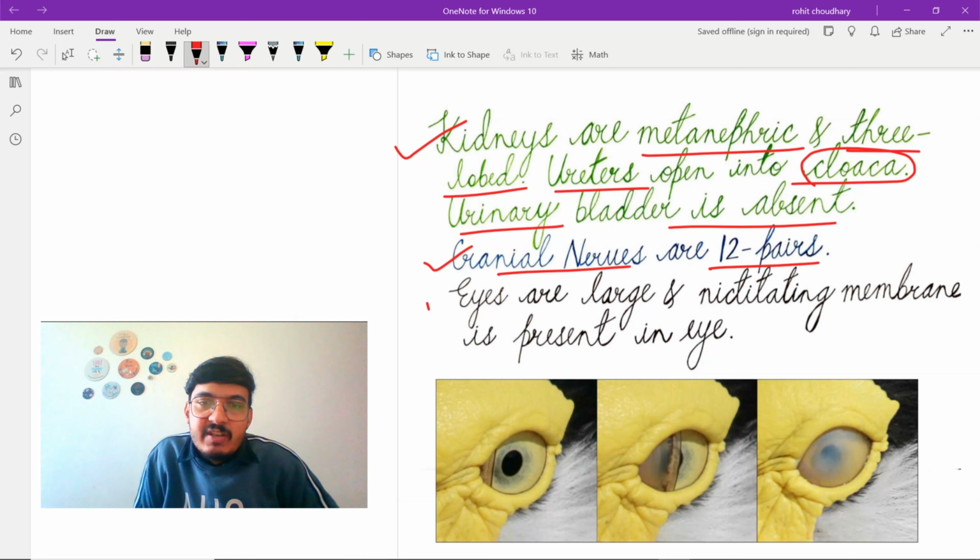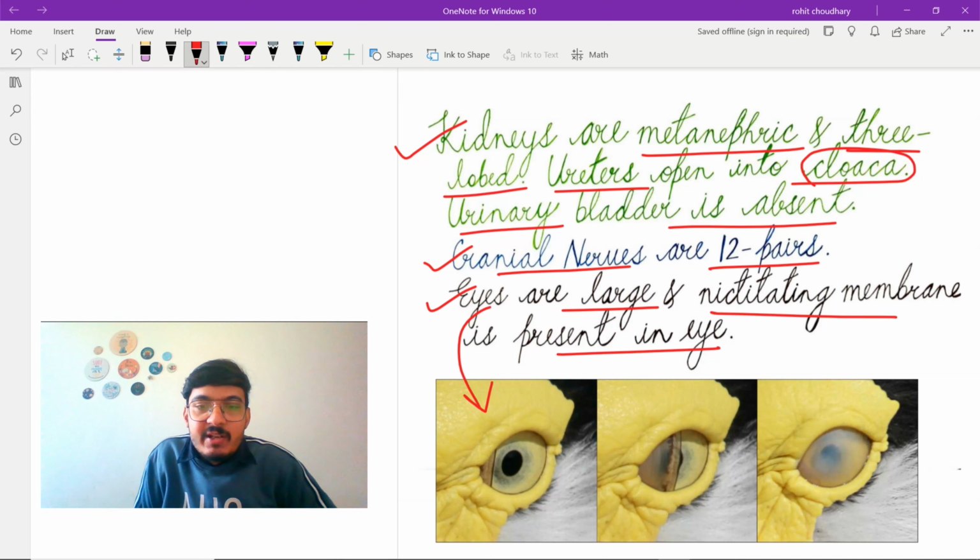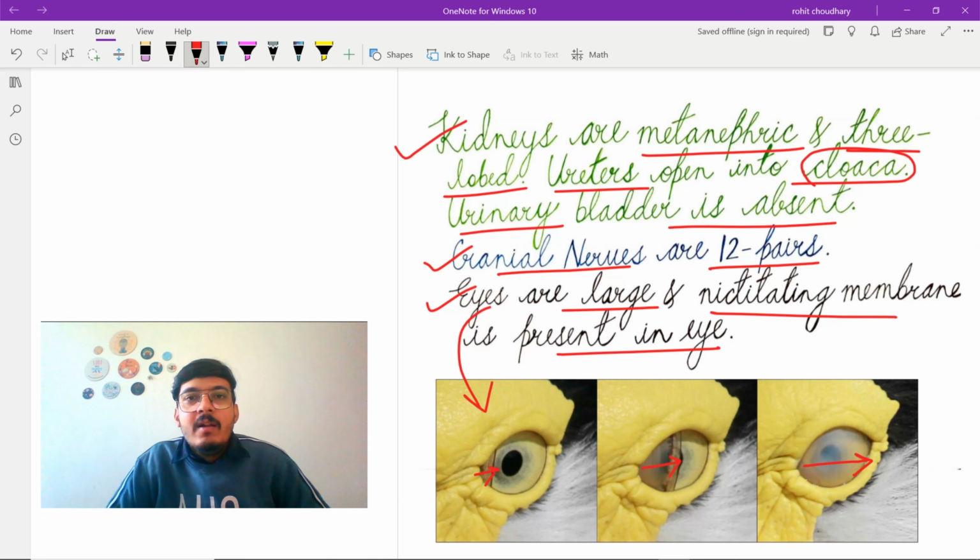The next feature is that the eyes are large. As we can see in the picture, the eyes are large and a nictitating membrane is present in the eye. The nictitating membrane is a transparent or translucent third eyelid that can be drawn across the eye for protection and to moisten it while maintaining visibility.